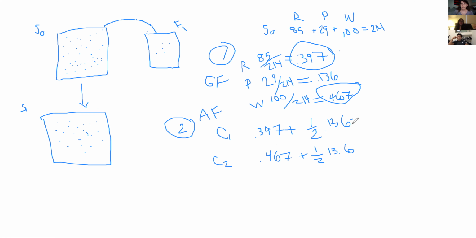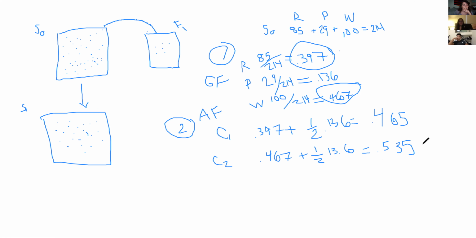Okay, and so, wow, can you move this over here? So with that, you're going to get the total C1 frequency is 0.465, and the total C2 frequency is 0.535.